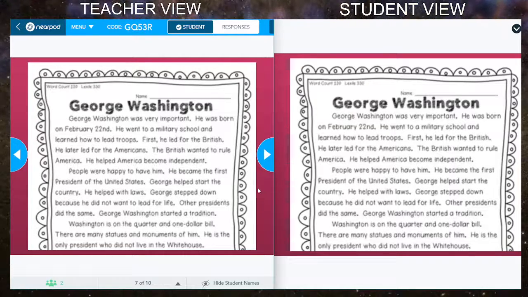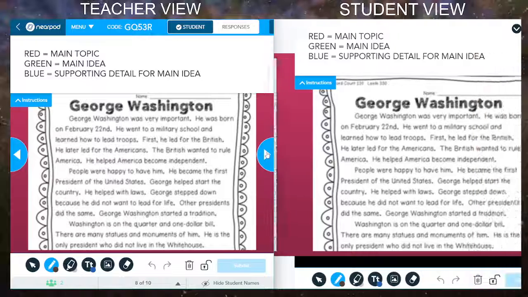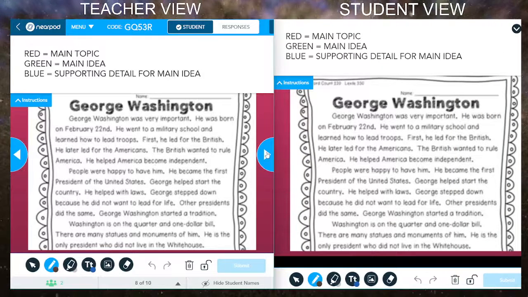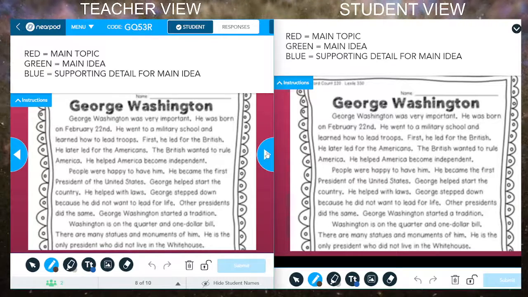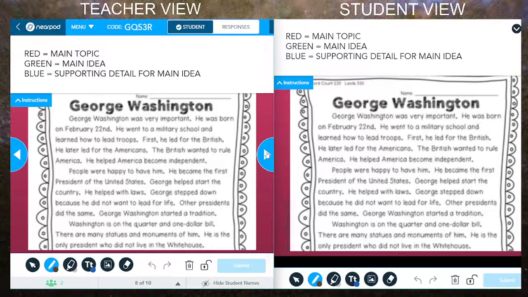So now what I would like you to do as a student is take a second, and I want you to identify in red what the main topic is. In green, you will highlight or underline the main idea. And then in blue, you will select the one supporting detail that supports the main idea.